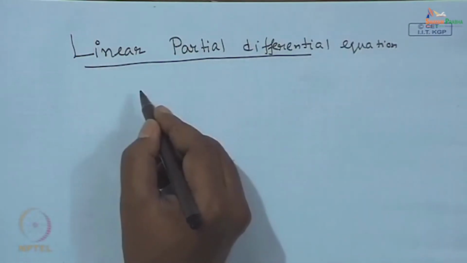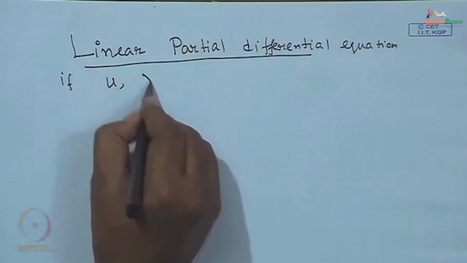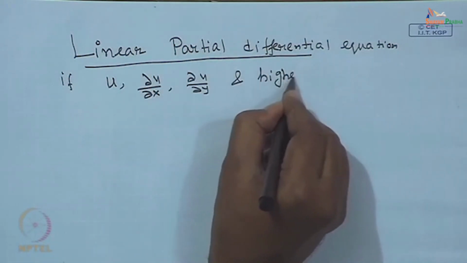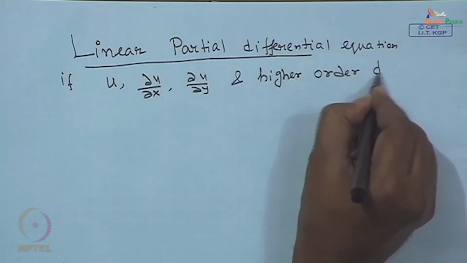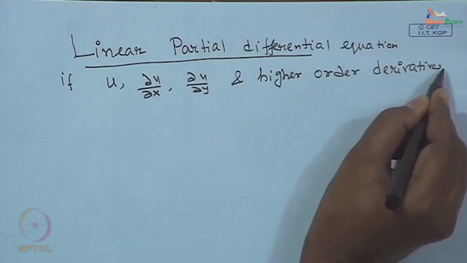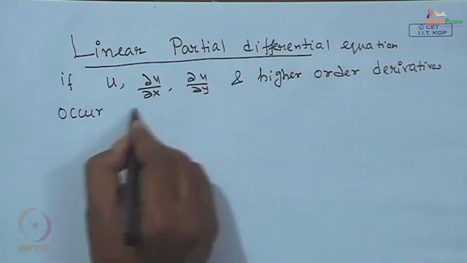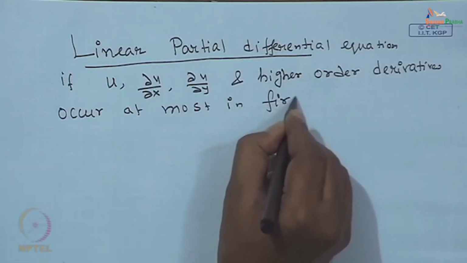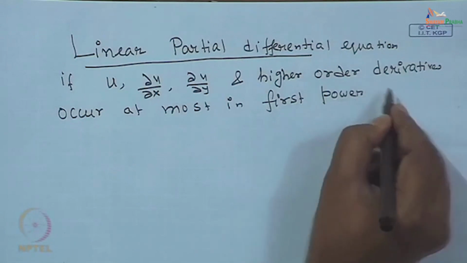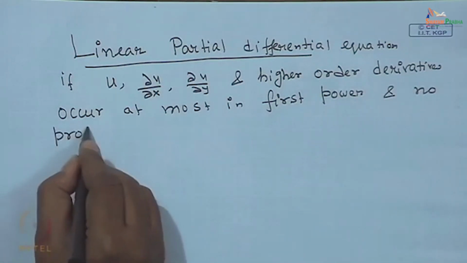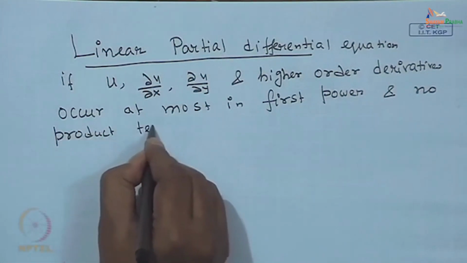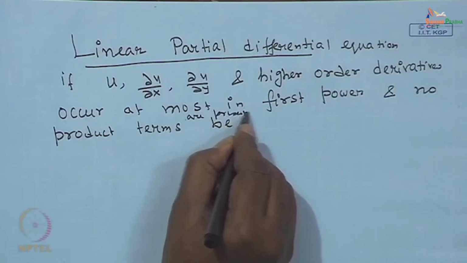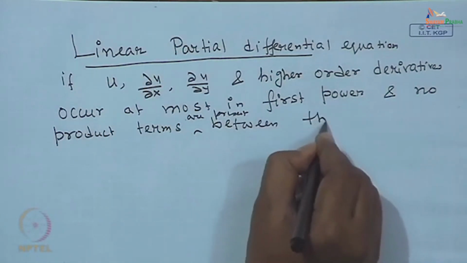We call a partial differential equation linear if u, del u del x, del u del y and higher order derivatives occur at most in first power and no product terms are present between these.